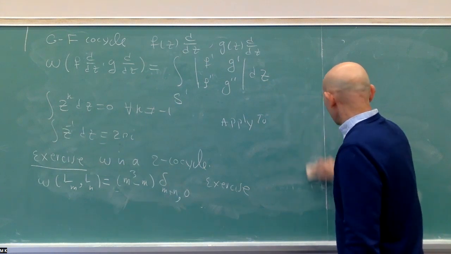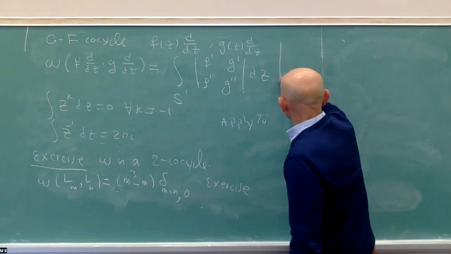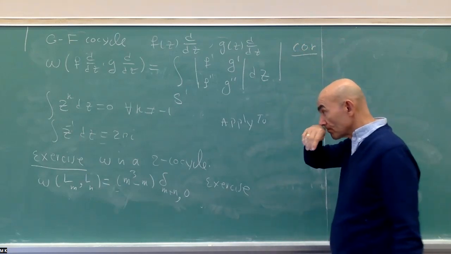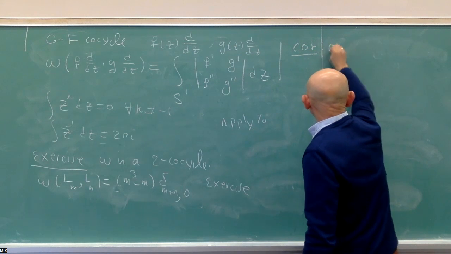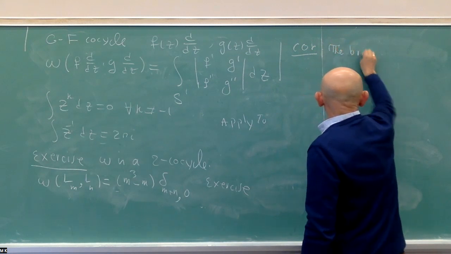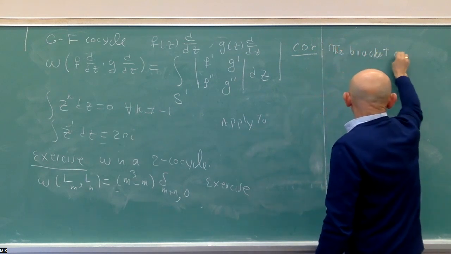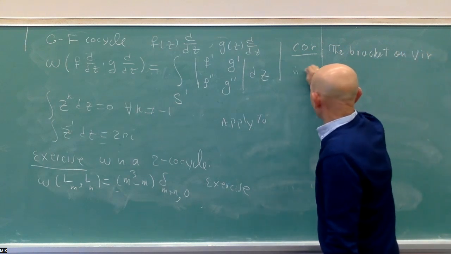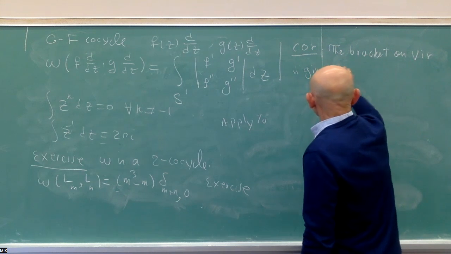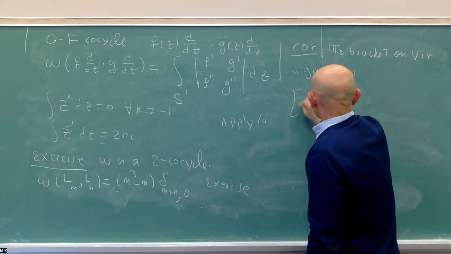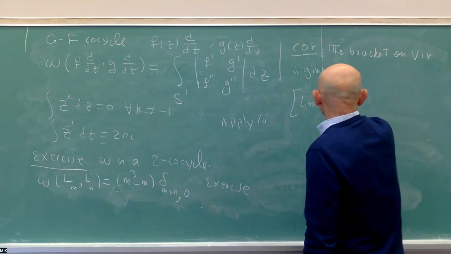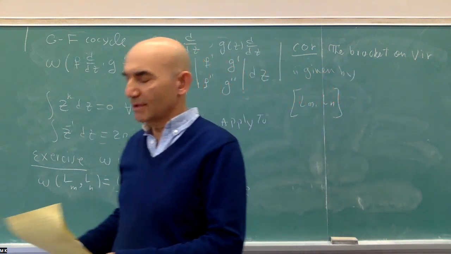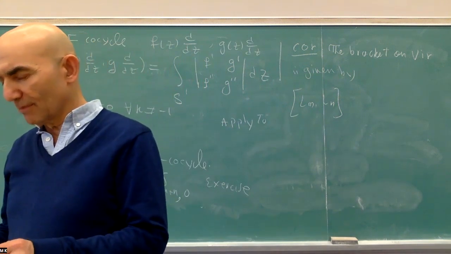So the core is that the bracket on V is given by the bracket of Lm and Ln. Sorry, I'm just using bracket notation for all of them now. I don't put new or old or this sort of thing.